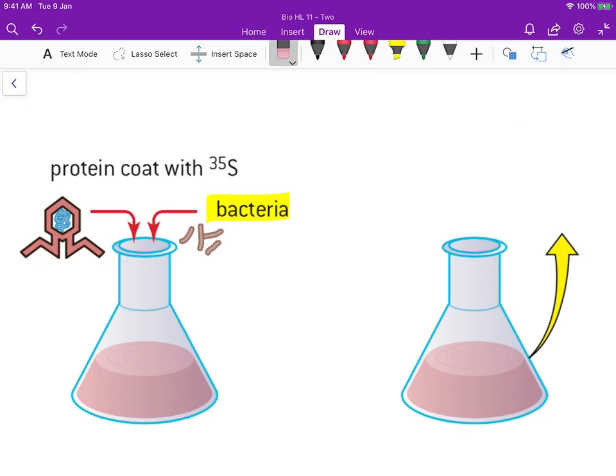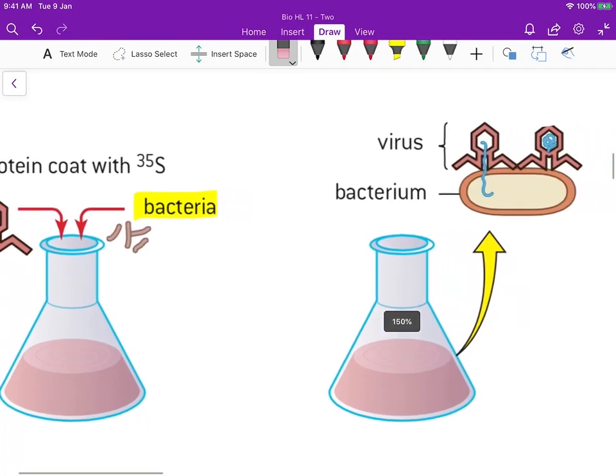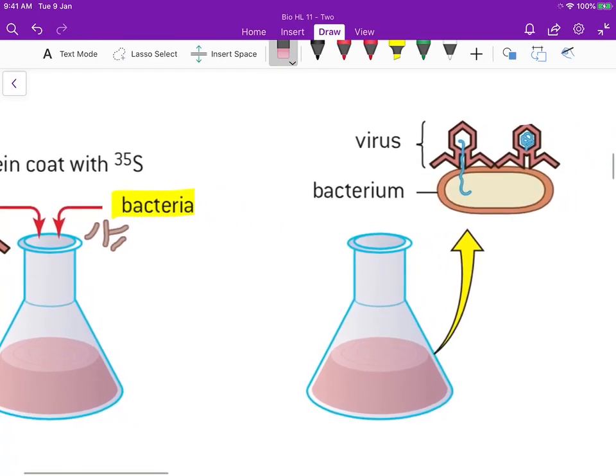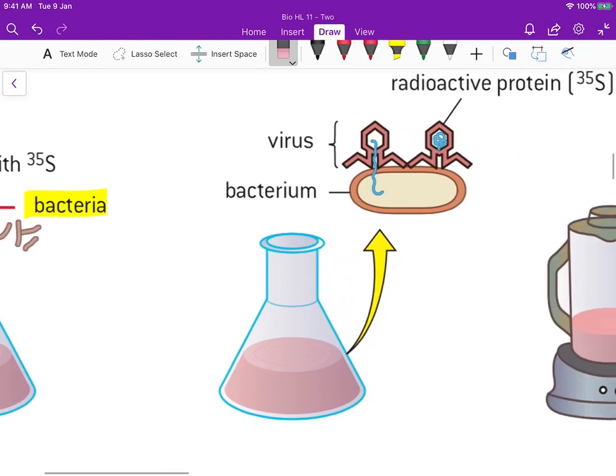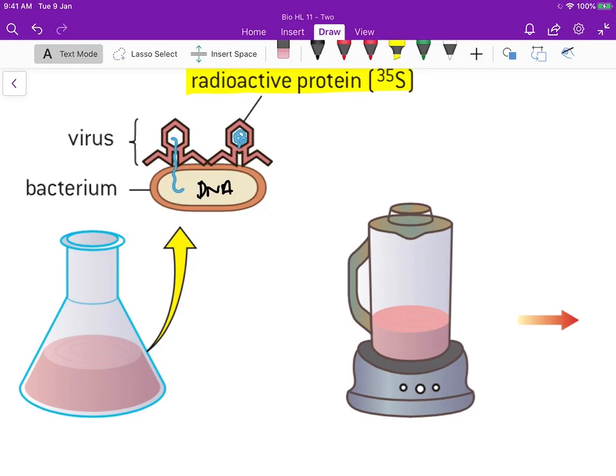So they allowed them to mix together, and what would be happening would be that the radioactive protein in the coat was outside, the DNA got injected in, and then they blended the mixture in order to cause kind of shaking.